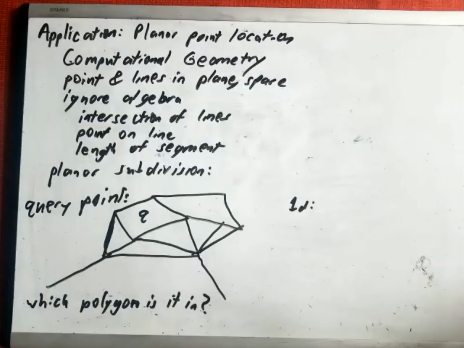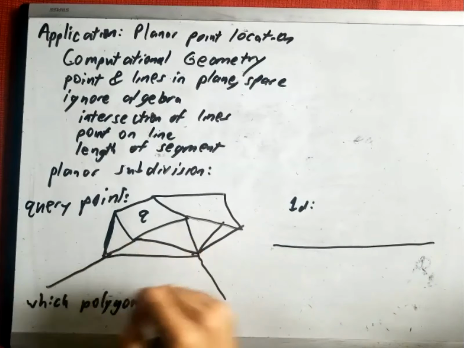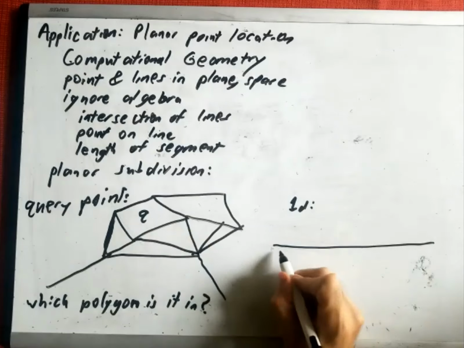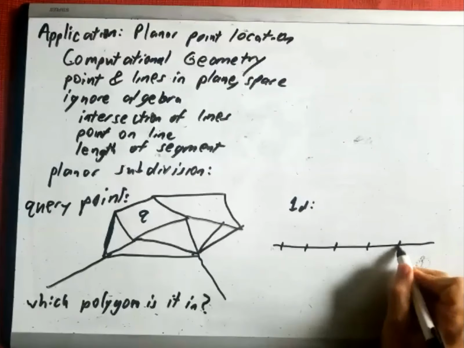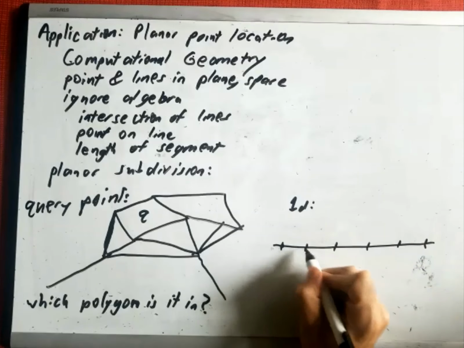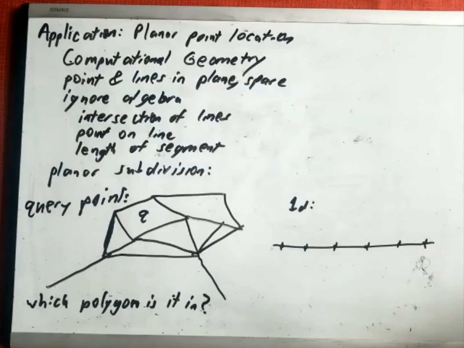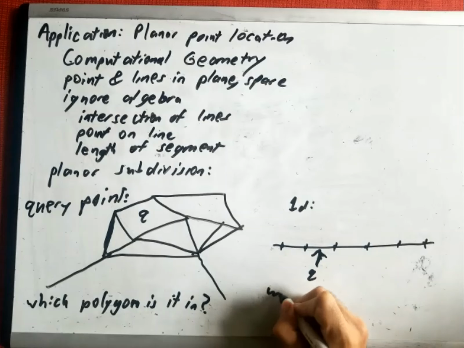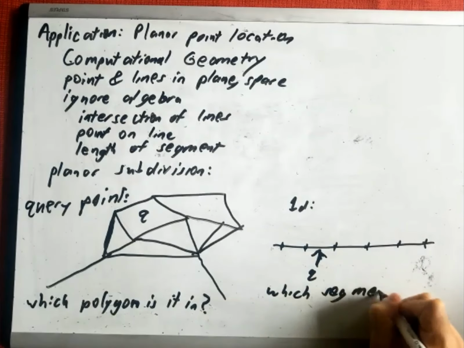So what's the 1D version of this problem? Now instead of having a plane, I've got a line, and I can imagine a linear subdivision where I specify a bunch of points, which breaks my line up into segments. And here too, I can have a query point and ask which segment is my query point in?